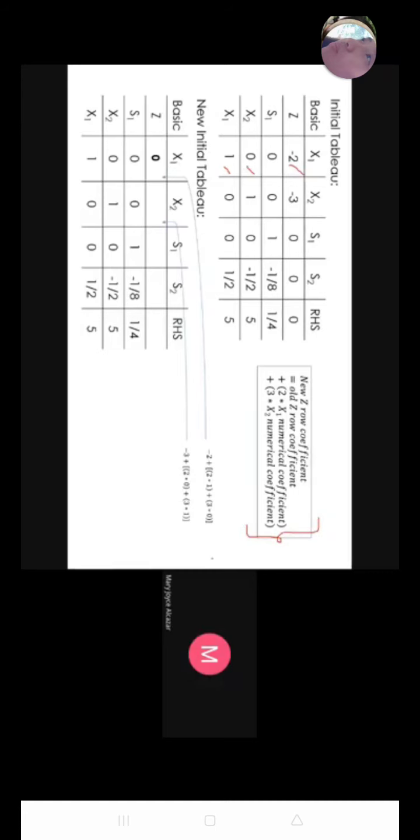So the resulting value is 0. For s1, that is 0 plus 2 times 0 plus 3 times 0. So that is 0. For s2, that is 0 plus 2 times 1 half plus 3 times negative 1 half. So that is negative 1 half. Then for the RHS, that is 0 plus 2 times 5 plus 3 times 5, or 25.